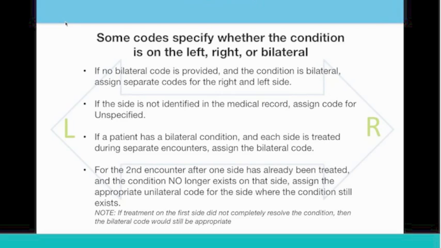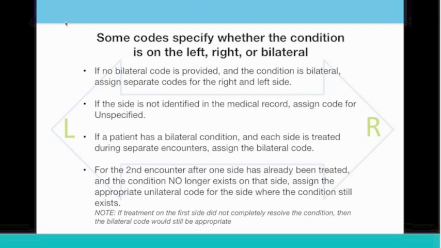When it comes to laterality, some of the ICD-10 codes indicate laterality, specifying whether the condition occurs on the left, right, or is bilateral. If the bilateral code is not provided and the condition is bilateral, assign separate codes for both the right and the left side.